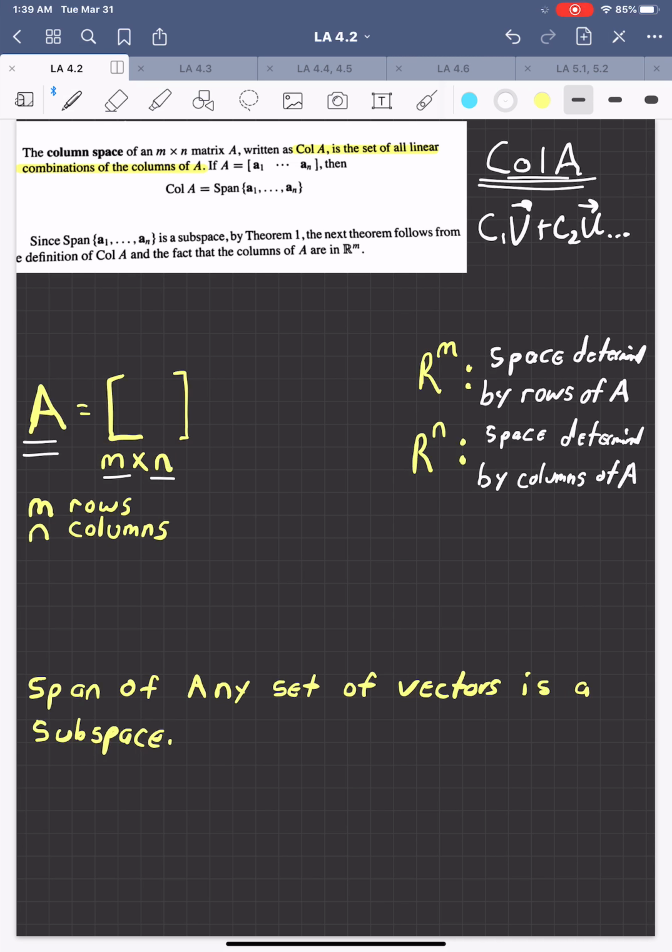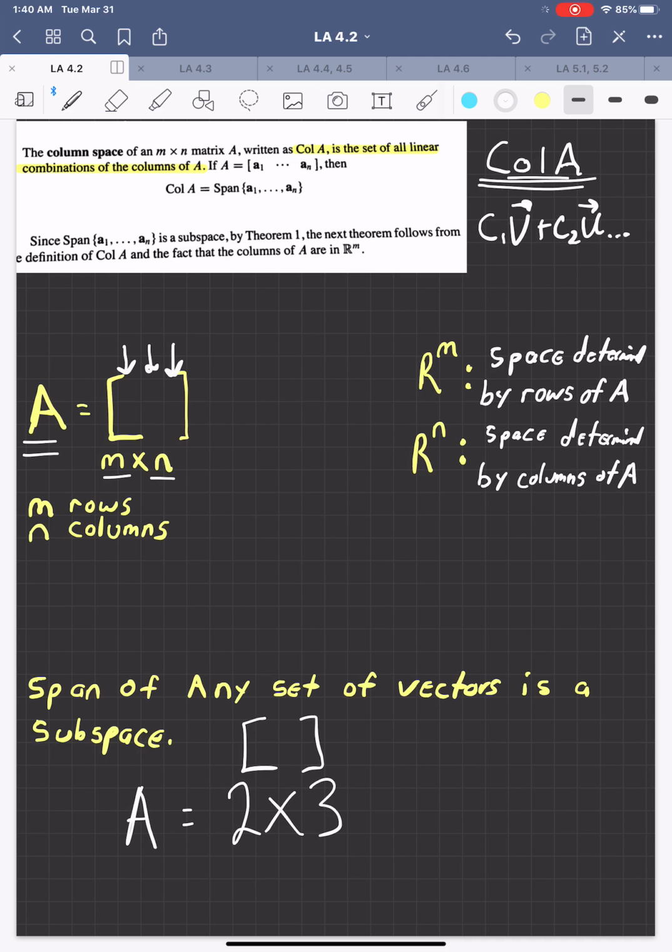Now, when it says the column space, this is a set of all linear combinations of the columns of A. So when you start thinking about the columns of A, that's n columns. So let me make up something here. Are you ready? So let's pretend A is a 2 by 3 matrix. I'm going to erase this in just a second.